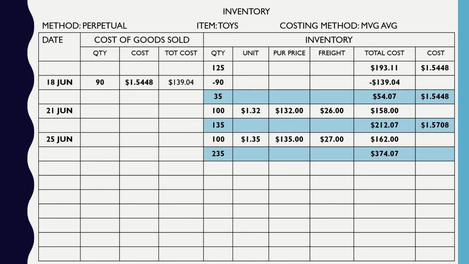So now I have 235 instead of 135. I just purchased another 100 toys, and it's costing me now $374.07, which once again, I need to recalculate my new average cost per item, and that brings me to $1.5917.